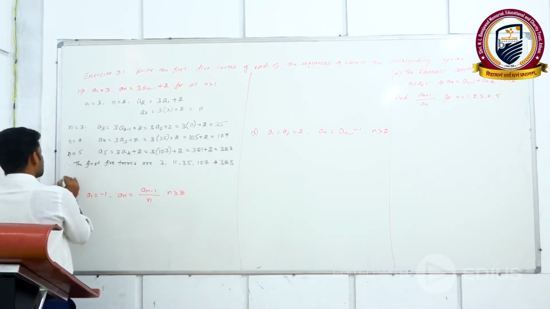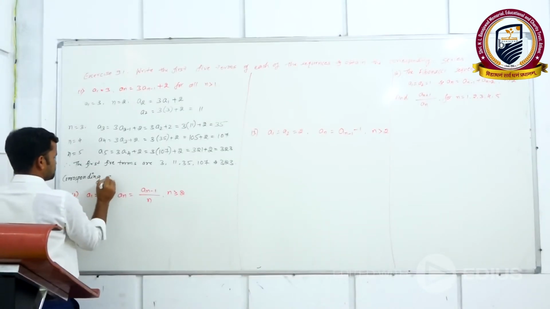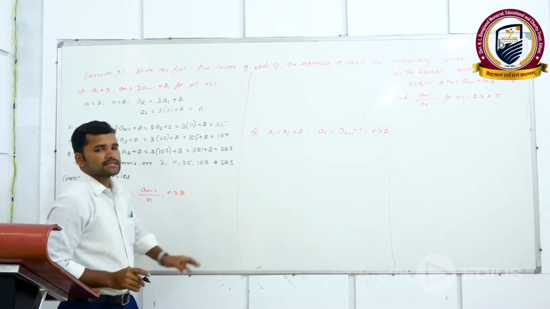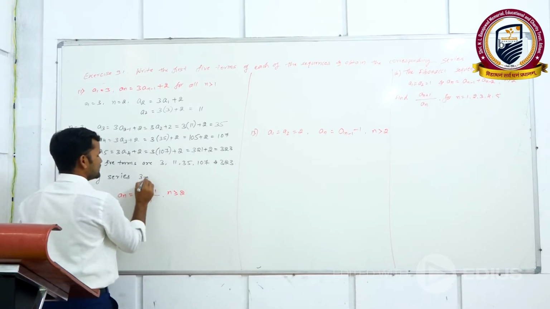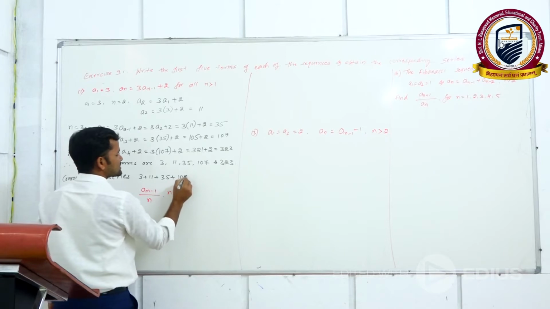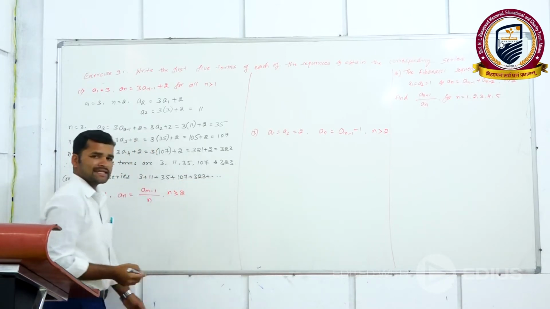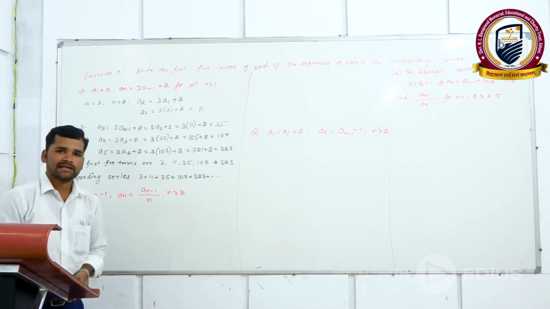And the corresponding series is very simple. What you do, you write all these terms with plus sign, means 3 plus 11 plus 35 plus 107 plus 323, and so on like that. Finished. That is about problem number 11.